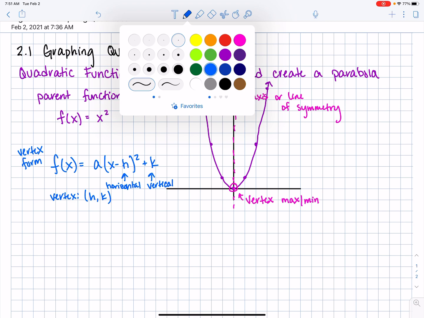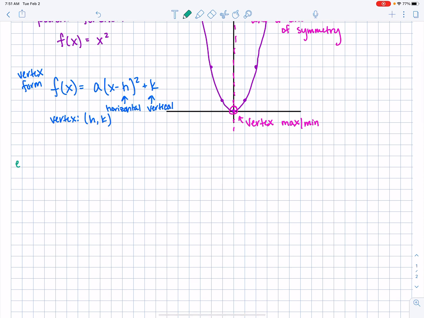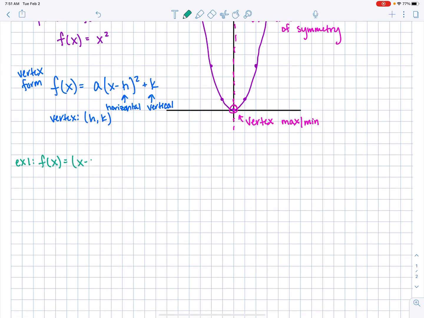Okay, so if we're going to choose a different color here, looking at an example for this, example 1, we might have a function saying f of x is equal to x minus 3 squared minus 4. And we need to graph it. So I'm going to set up some axes here.